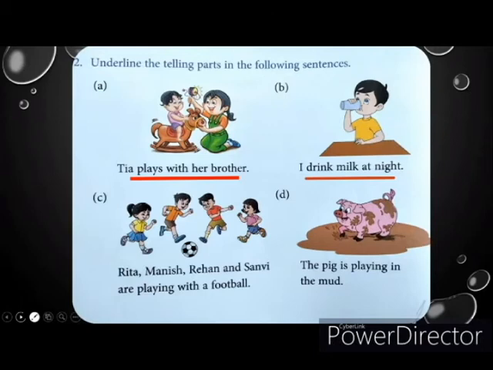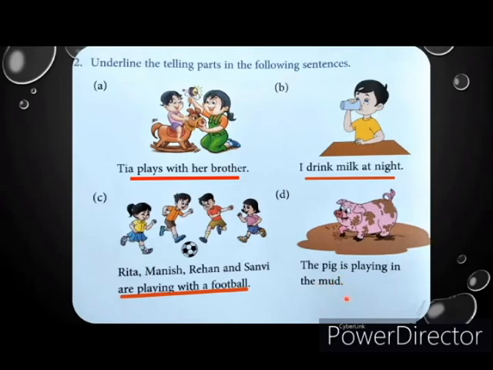Next question is, Rita, Manish, Rehan and Sambi are playing with a football. What are they doing? They are playing with a football. So the telling part of the sentence is "are playing with a football." Next question. The pig is playing in the mud. What is the pig doing?